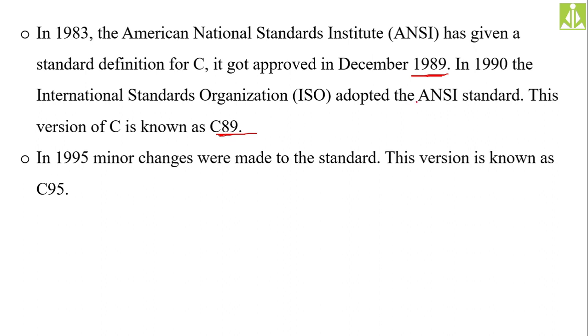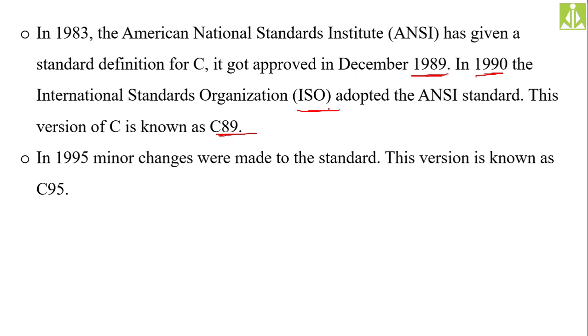Later, in the year 1990, the International Standards Organization, ISO, also adopted the standard given by ANSI. In 1983 the ANSI people gave a standard, that standard got approved in 1989, and later in 1990 ISO adopted this ANSI standard.